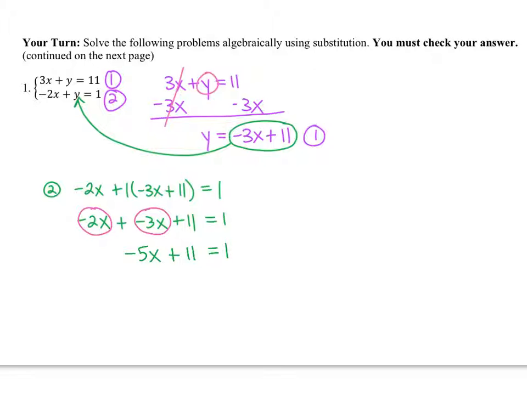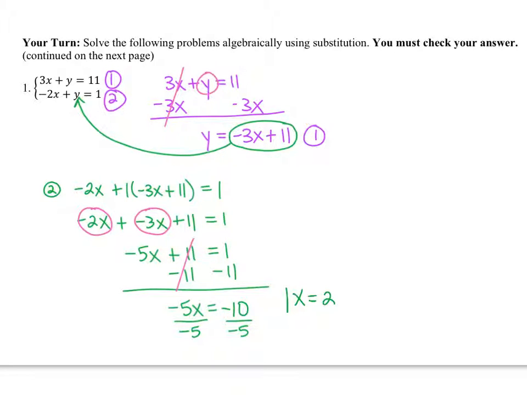We want to get the term with the variable by itself, so we subtract 11 from both sides, which makes the 11 zero out on the left side, leaving us with negative 5x is equal to 1 minus 11, which is negative 10. Last step, divide by negative 5 because that's what's being multiplied by our variable. Negative 5x divided by negative 5 just leaves us with a positive x, and negative 10 divided by negative 5 is a positive 2.